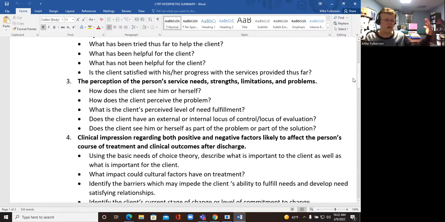Do they see the control on the outside or on the inside? And then the locus of evaluation is, whose opinion seems to be most important to them? Do they have more of an internal locus of evaluation, where what they think is most important, or are they more concerned with what other people think and have more of an external locus of evaluation? Does the client see him or herself as part of the problem or part of the solution?